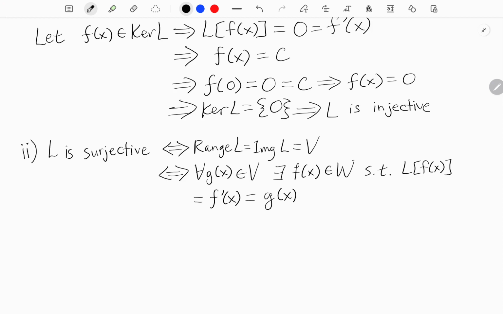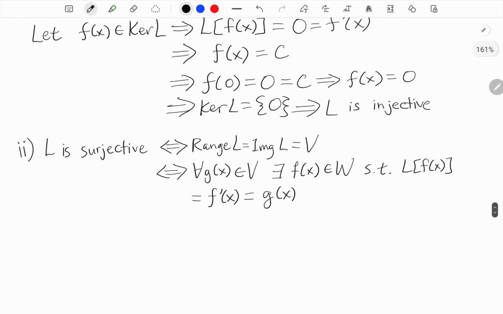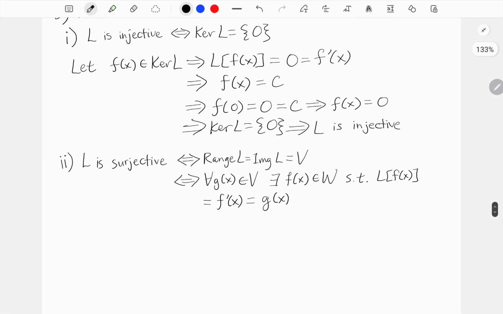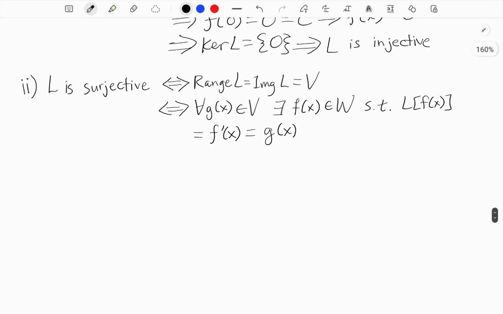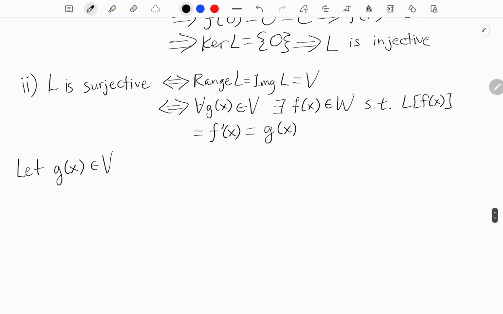So if you give me any g of x in V, and there exists f of x in W such that the derivative of f is equal to g, then L is surjective. Okay, so how do we do that? Let g of x, you start with the codomain, be in V, which is polynomials with real coefficients.